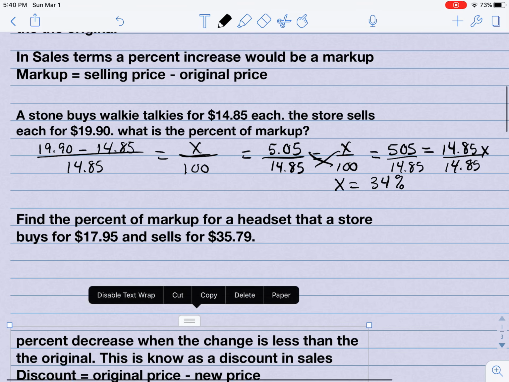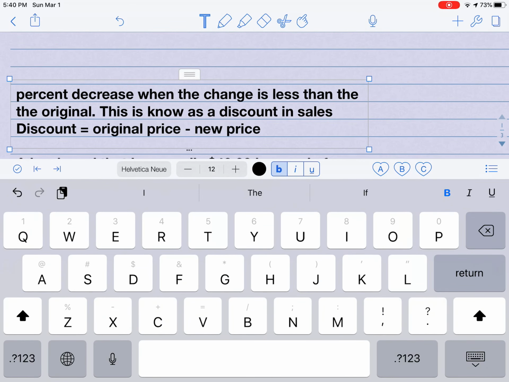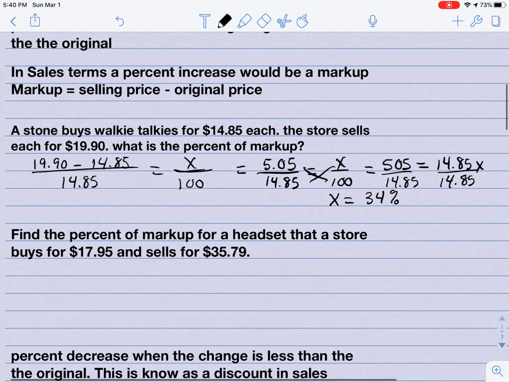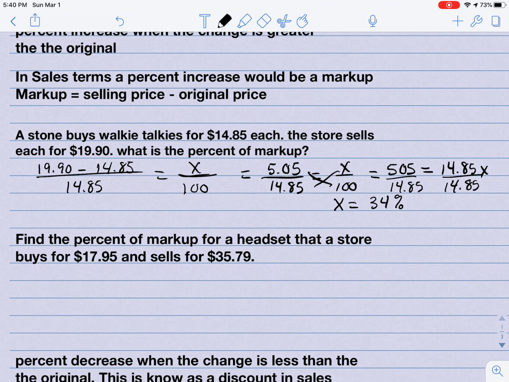All right, so to find our percent markup, you take our new price minus our original price, put that over our original price. That's equal to our percent markup over 100.